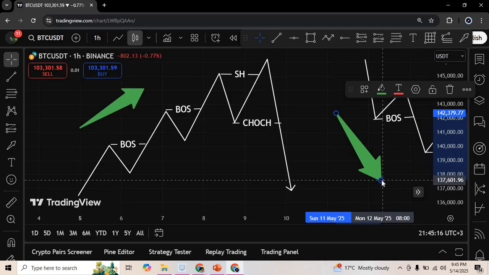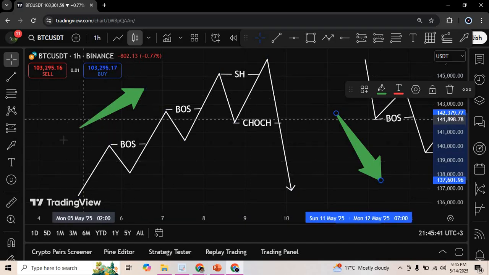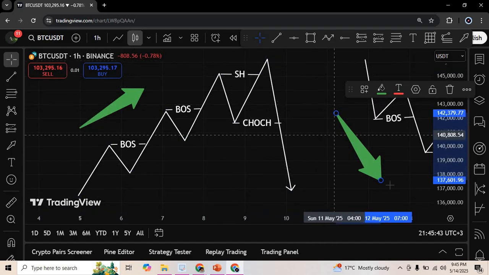The market has already changed direction. It was an uptrend, they had a change of character. Define a change of character, please. The market changes direction from being bearish to bullish, or the other way, from being bullish to bearish. Exactly. So it means the market has changed direction from an uptrend to a downtrend.